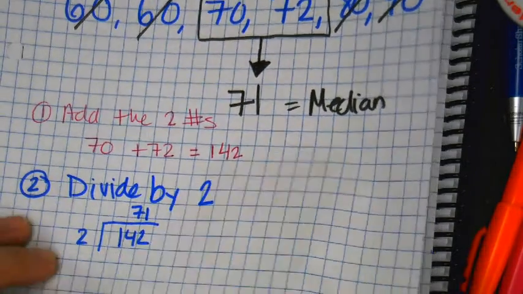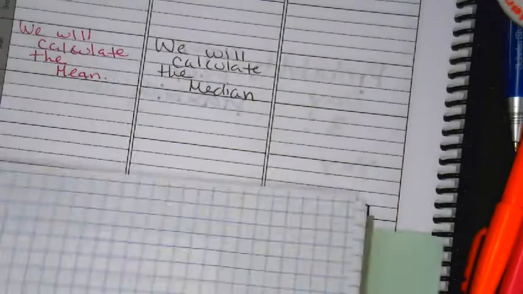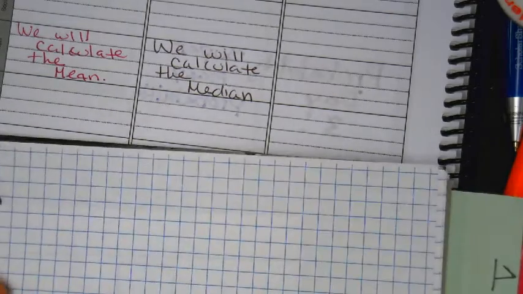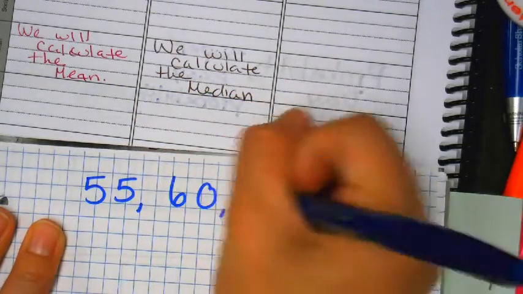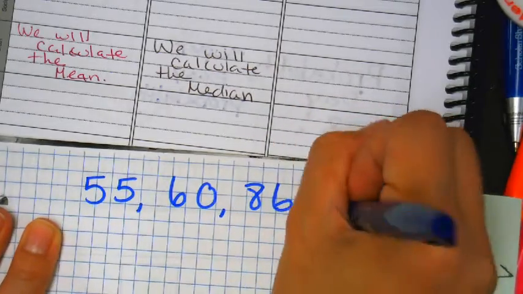I'm going to give them to you in order so we spend less time doing that. 55, 60, 86, 90.